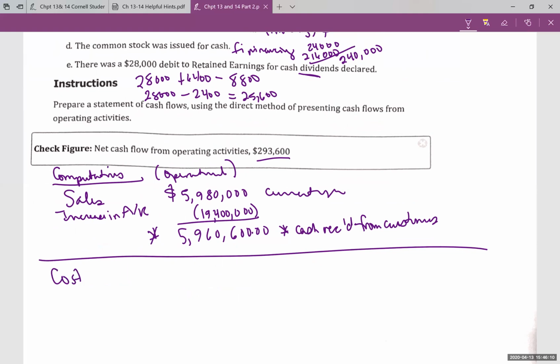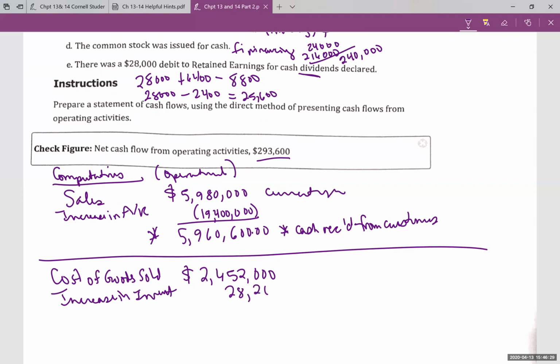Then cost of goods sold. That number is 2,452,000. There was an increase in inventories. Increase in inventory was 28,200. And there was an increase in accounts payable.